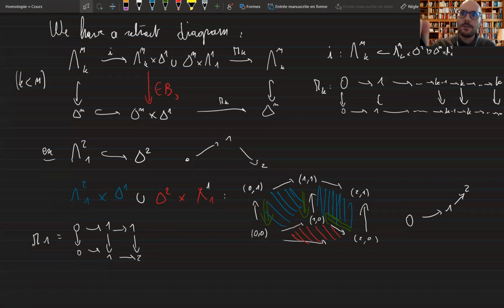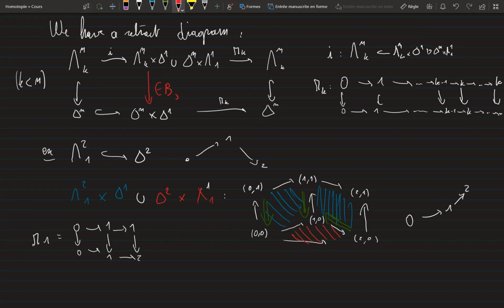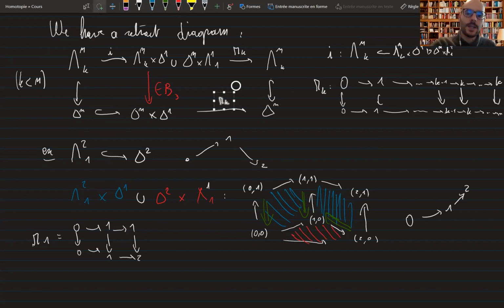Okay. So any questions about this proof? No? Why are there two maps on the diagram that are called RK? So RK, this one is the restriction of this one to this subsimplex, to this subset. Okay, d'accord.